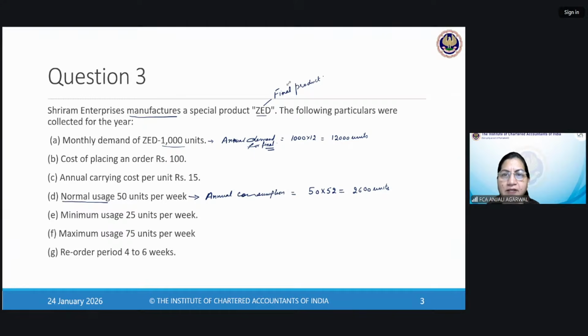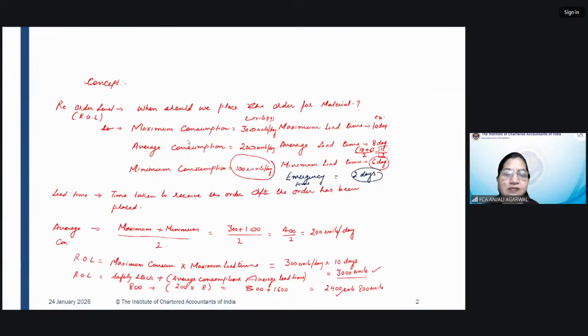All right. We don't have the minimum level or maximum level. What we have is maximum consumption of raw material, average consumption of raw material per day, and minimum consumption of raw material per day. How much is the time it takes for us to receive these units?